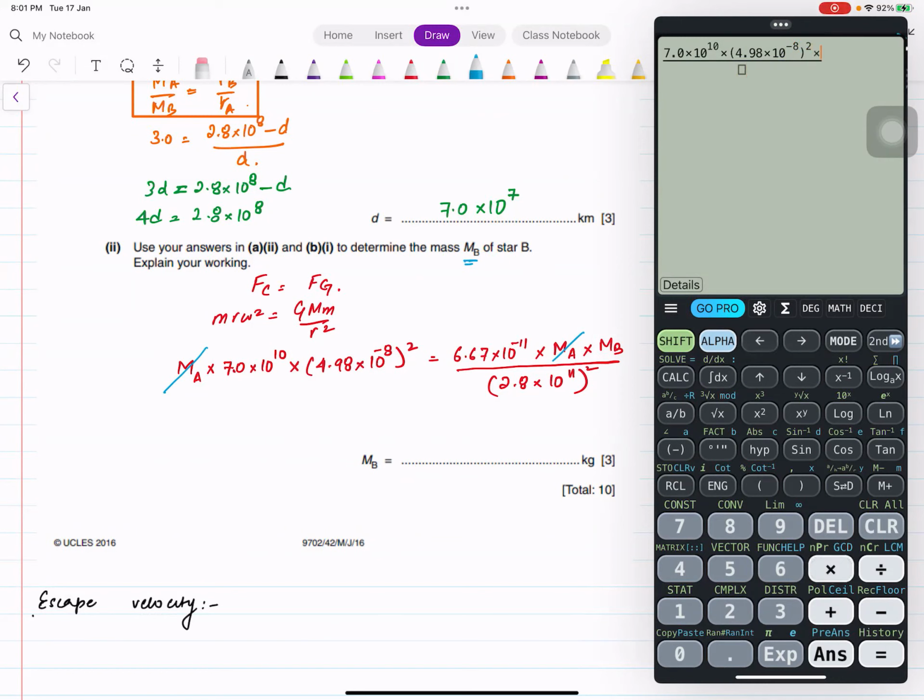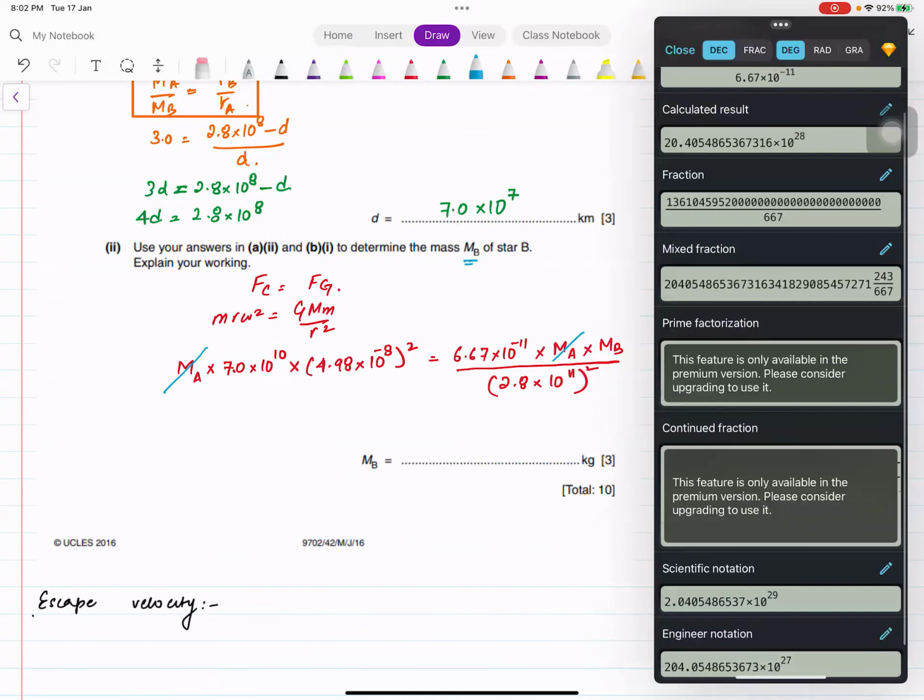Multiply by 2.8 times 10 raised to power 11, whole squared, and then divide by the gravitation constant, 6.67 times 10 raised to minus 11. This seems to be huge. Let me check what that might be. MB comes out to be 2.04 times 10 raised to power 29 kilograms. So you can just get away with 2.0 times 10 raised to power 24 kilograms.